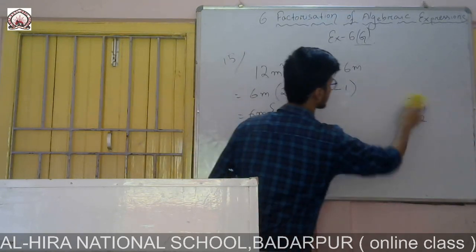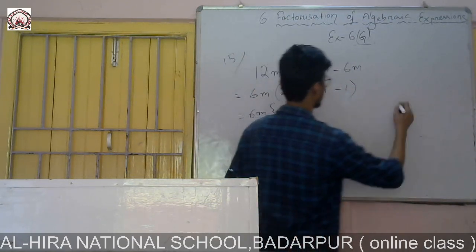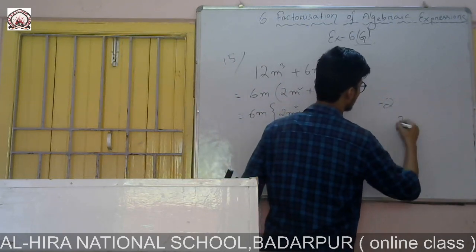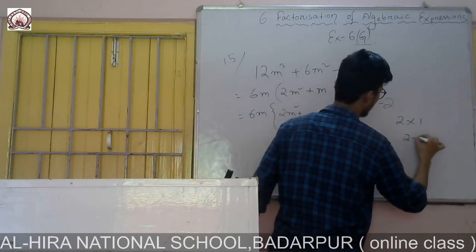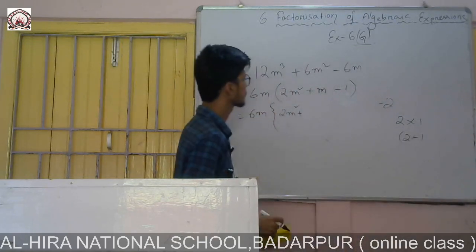Sorry, the factors: 2 into 1 is 2, and it is minus 2. So the factors will be 2 into 1. So I can write it as 2 minus 1.